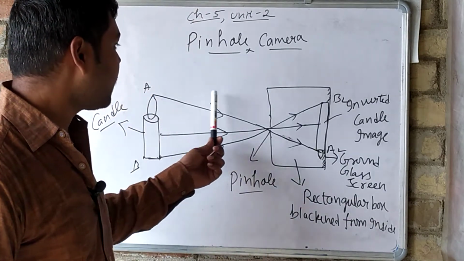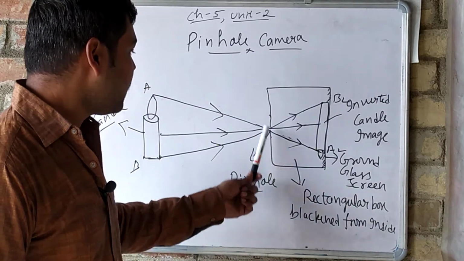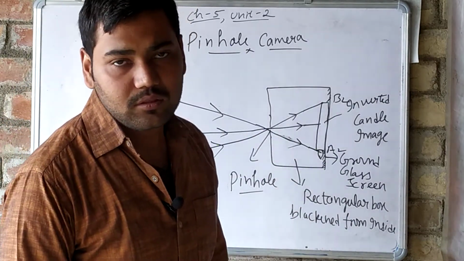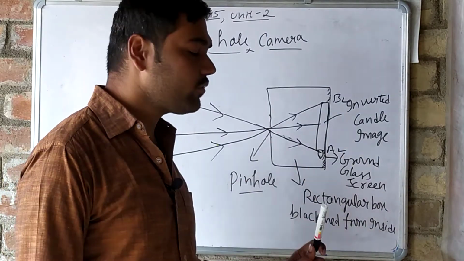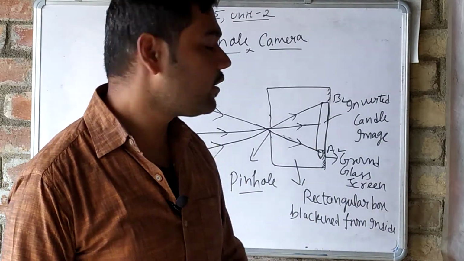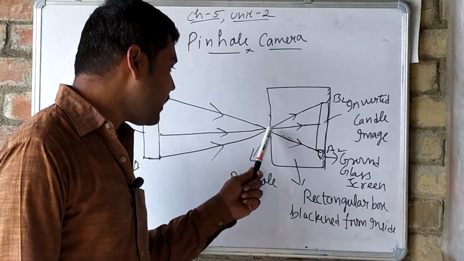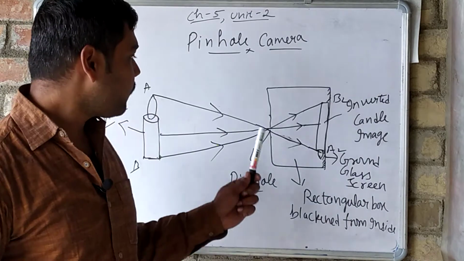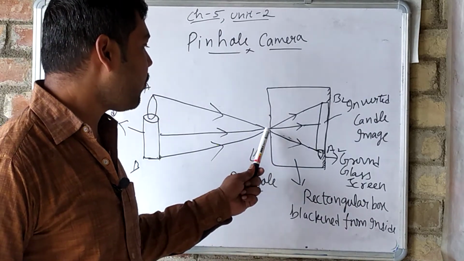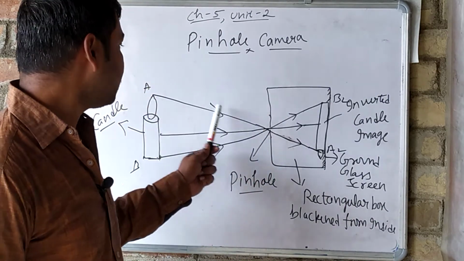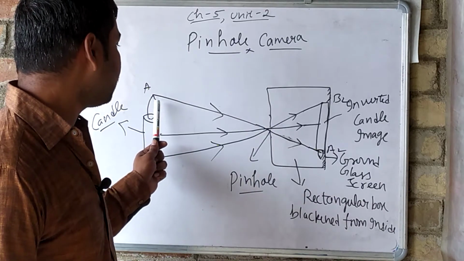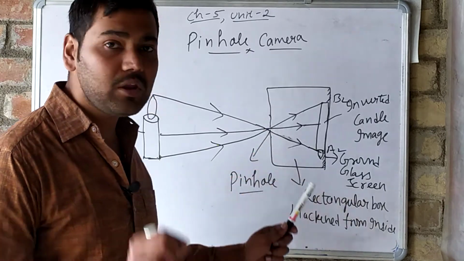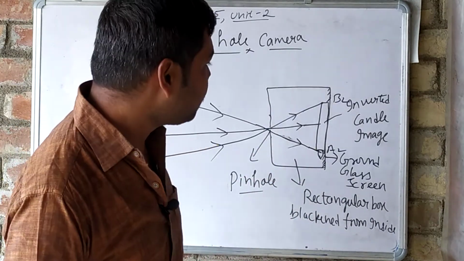First we have a candle, and this is a rectangular box which is blackened from inside. Then we have a pinhole in the rectangular box. The face of the rectangular box is towards the candle, and in front of that face a pinhole is made.